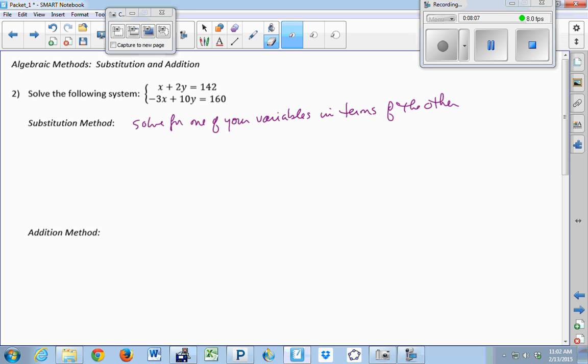So we have these two equations, x plus 2y equals 142, negative 3x plus 10y equals 160. The idea here is, can you solve for one of these variables easily in terms of the other?